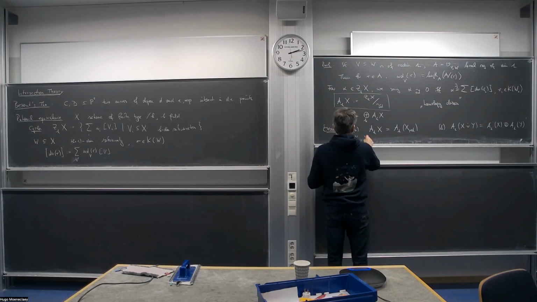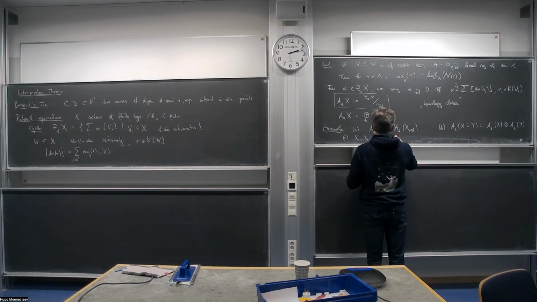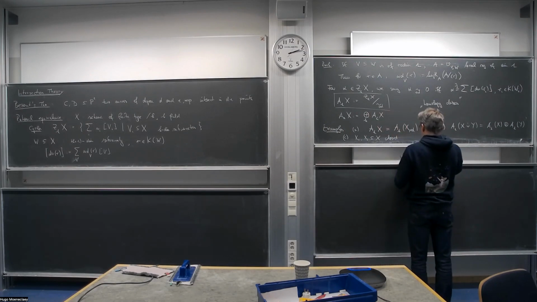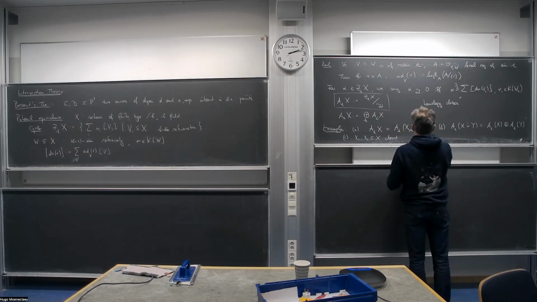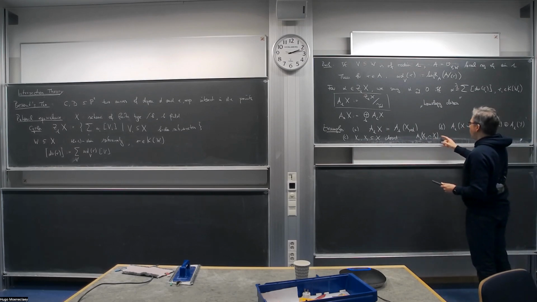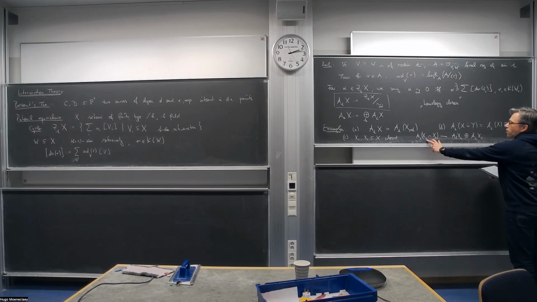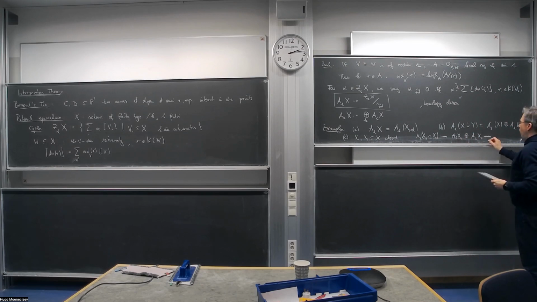So if X1 and X2 are closed, we have A K of X1 intersected with X2, and then it maps to A K X1 plus A K X2, because varieties here embed into X1 and also into X2, and then the cokernel.